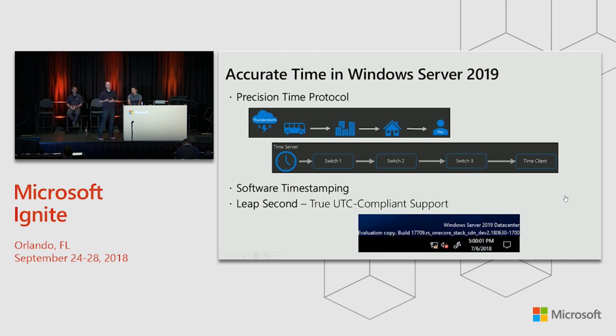We have a time client on Windows for PTP, and this allows the switches to actually participate. As the time measurement comes from your time source, the switches, the routers, the firewalls, whatever supports PTP, can insert the latency that they've added into the measurement and continue that packet on its way until it ultimately reaches your time client, thereby eliminating the latency that they've added.